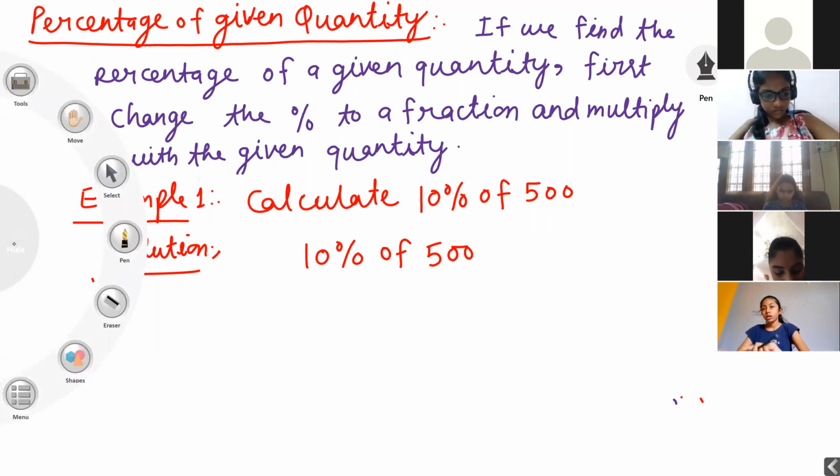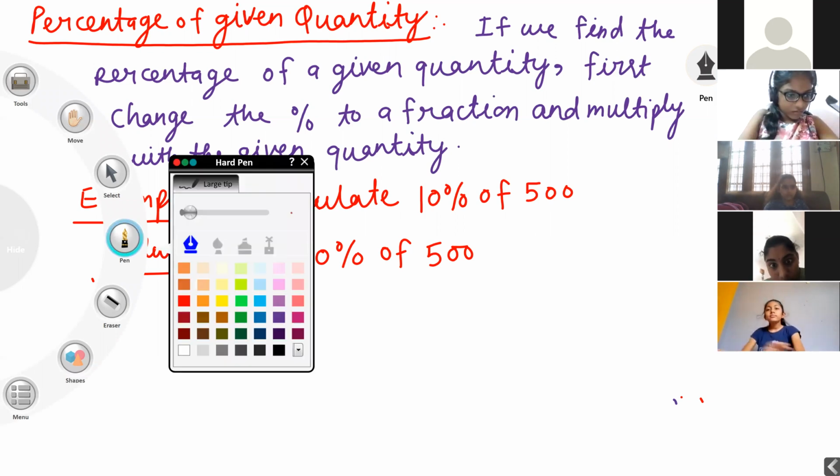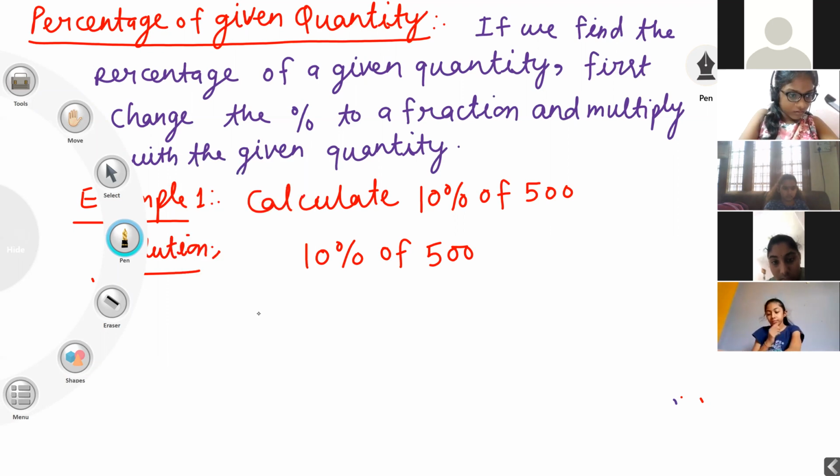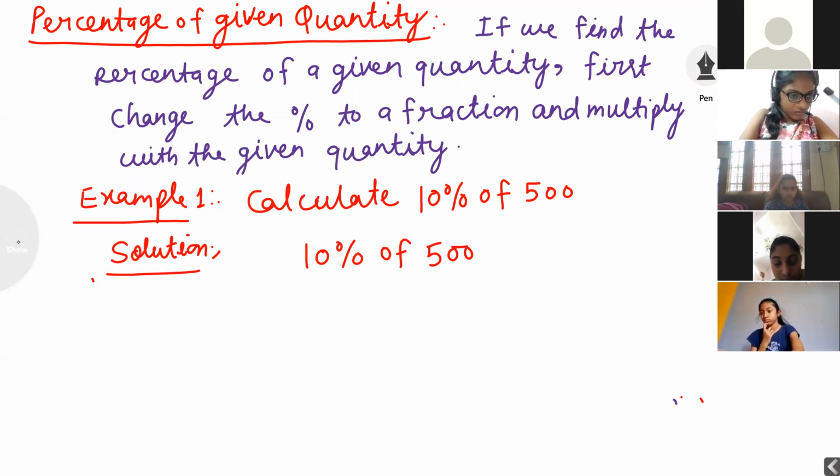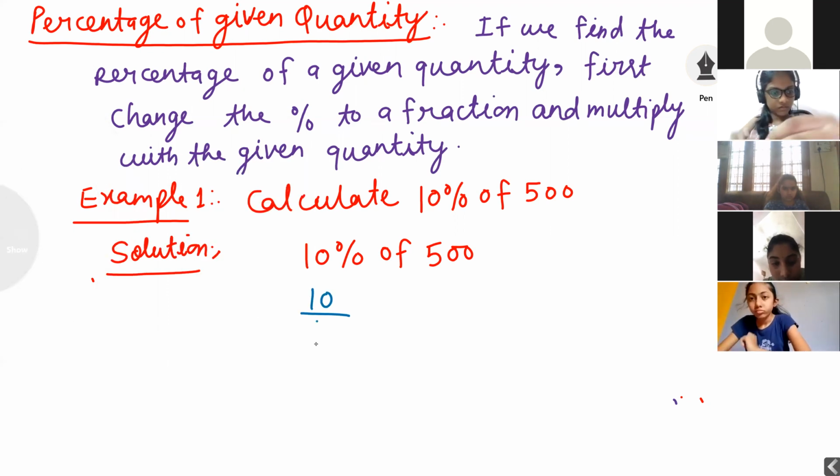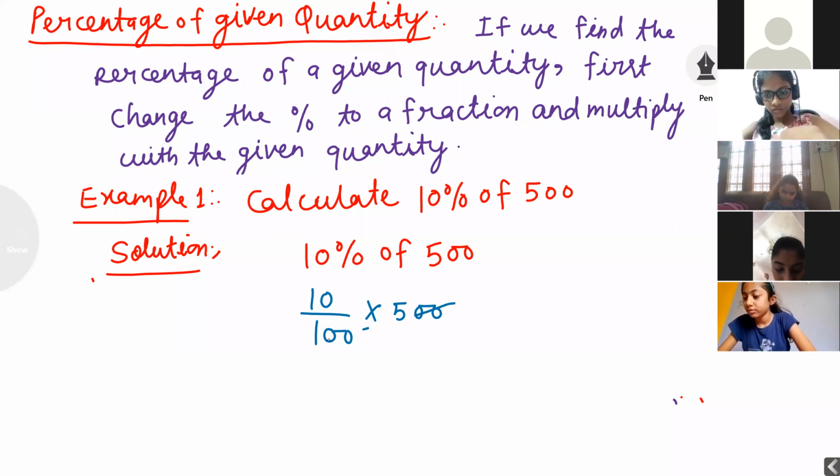If we find the percentage of a given quantity, first change the percentage into a fraction. 10% means 10 by 100, because percentage is nothing but out of 100. Multiply with the given quantity. Of means into 500. 20, 20 cancel. Answer is 50.